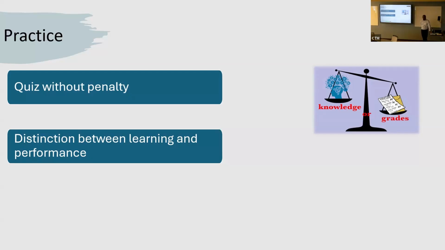Sometimes you give an assignment, students score very high grades, and maybe you meet them again in another class and you are making a reference to something that you have taught in the previous class, and you ask them, it's like they never took the class. Like, guys, I taught you this. So there is a distinction between learning and performance, and we need to drive that. We shouldn't be too much focused on grades and the numbers.